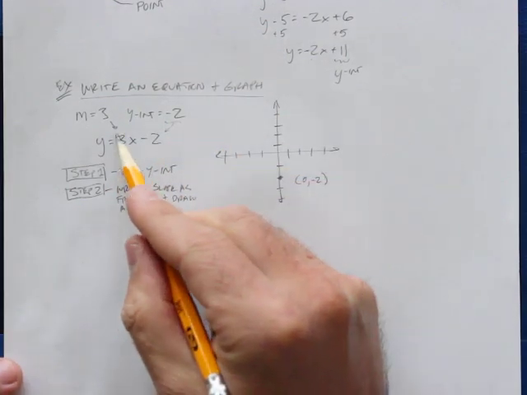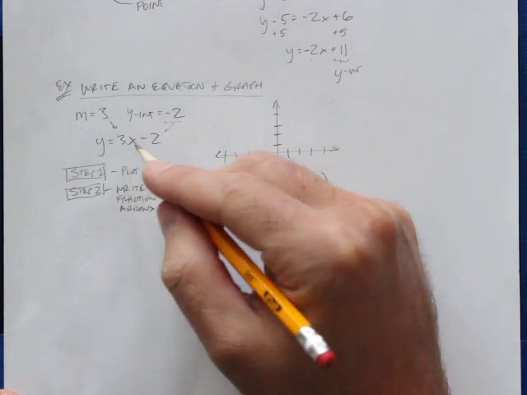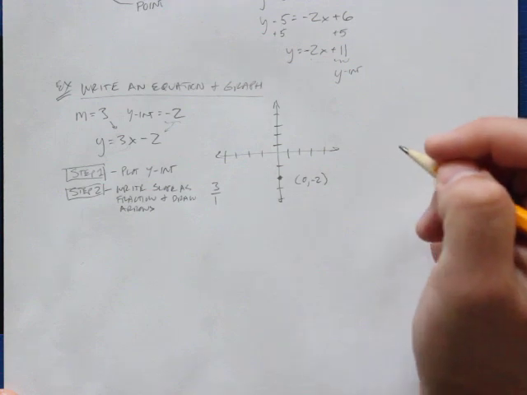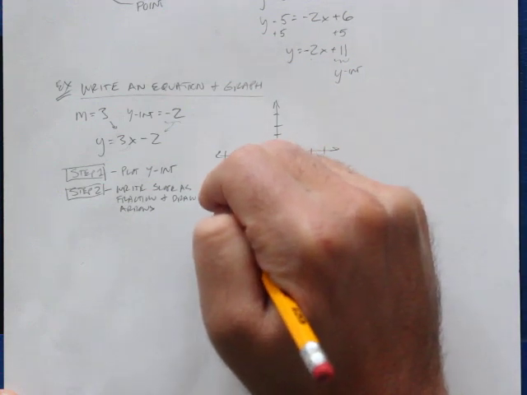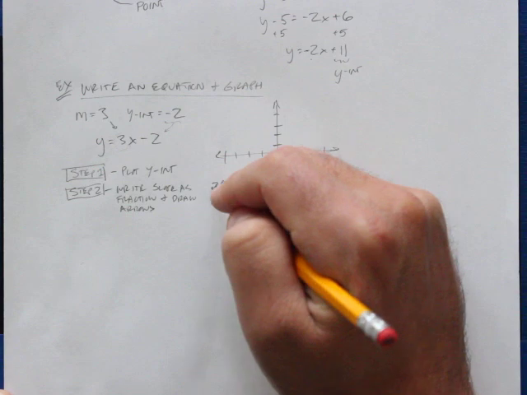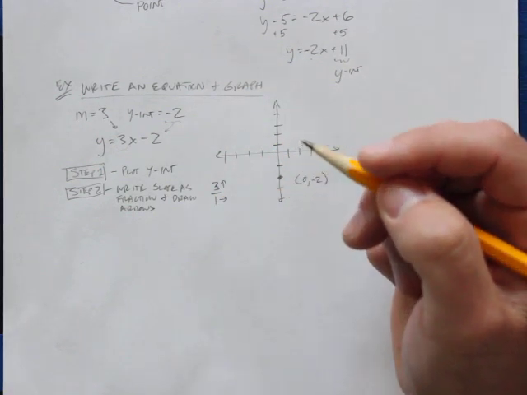Okay, so here's my slope is 3, and my fraction for 3 would be 3 over 1. And then since the 3 is positive, I'm going to go up, and since the 1 is positive, then I'm going to go to the right. The numerator is up and down, the denominator is left and right.